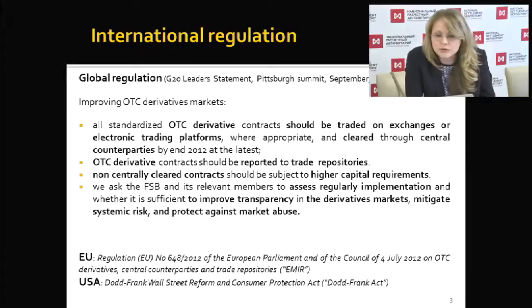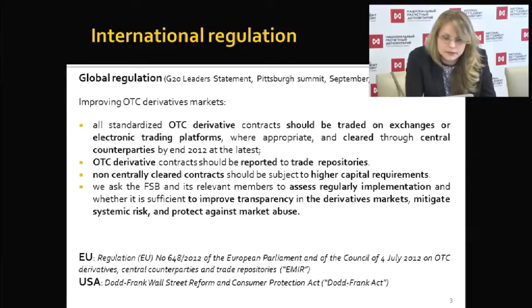In order to improve the OTC derivatives market, the leaders stated that all standardized OTC derivative contracts should be traded on exchanges or electronic trading platforms where appropriate and cleared through central counterparties by end of 2012 at the latest.